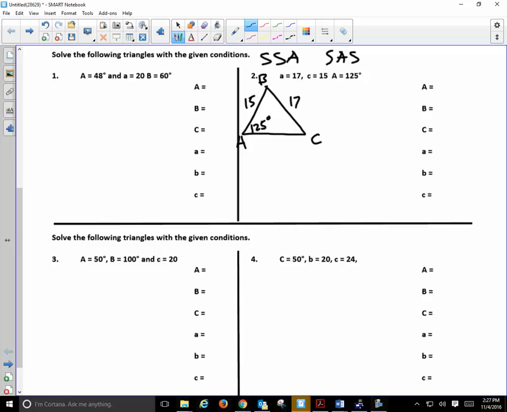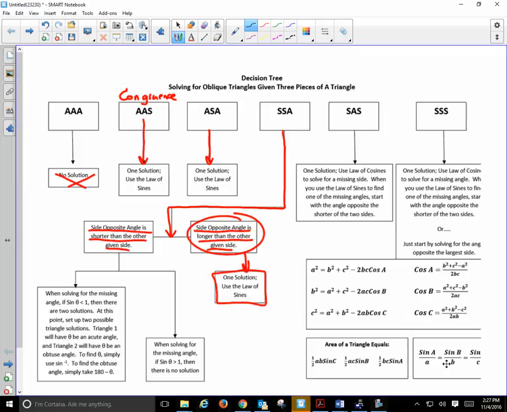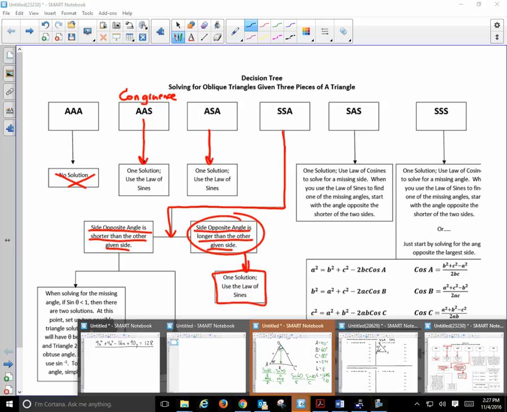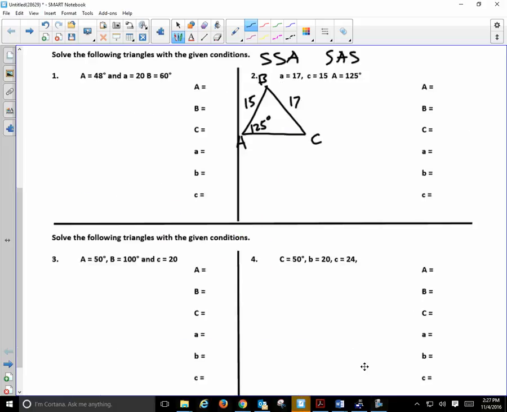Is this a side-side angle or a side-angle side? This is a side-side angle. And so according to our chart, we know that we either have one solution or something else. We need to check, is the side opposite longer than the other? What's the opposite side of 125? 17. Is that longer than the 15? So therefore, there's just one solution.